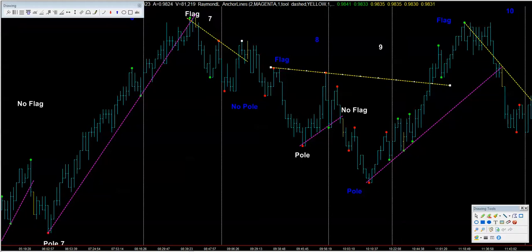So the previous flag is here, okay, so the low of the previous flag, and the start of the current flag, which is here. So we want the low between those two pieces, which is that point, and the high of the current flag, between the high of the current flag, which is over here.